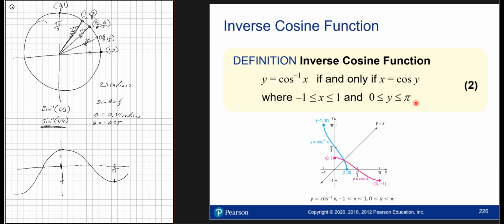Because the cosine inverse acts on the -1 to 1 to give us these angle measures from 0 to pi. And where they intersect is when the x and y are the same number.